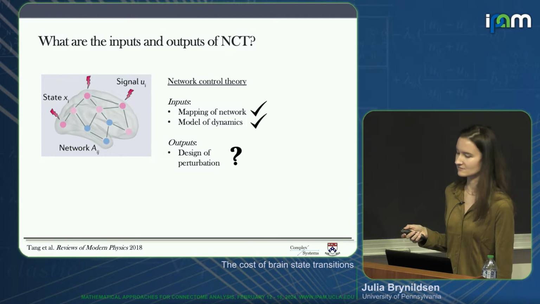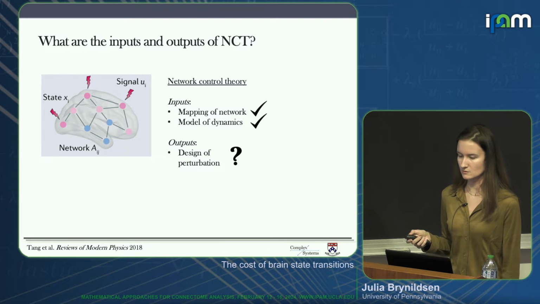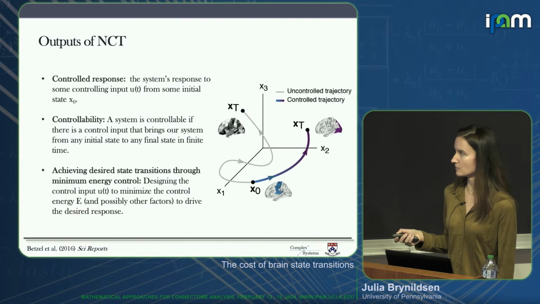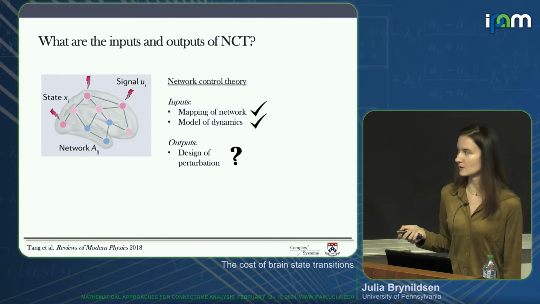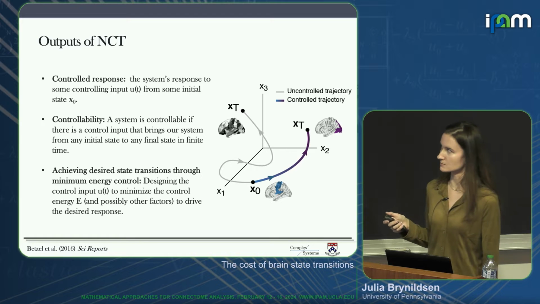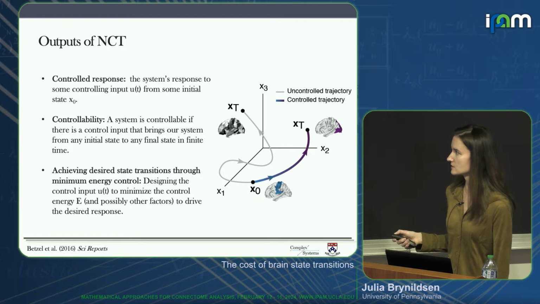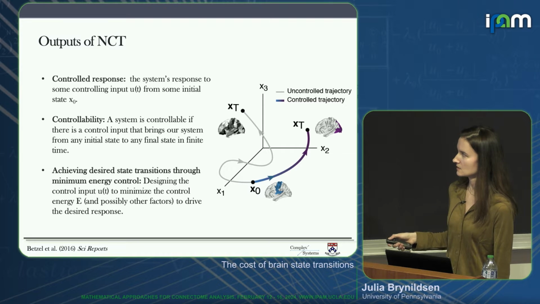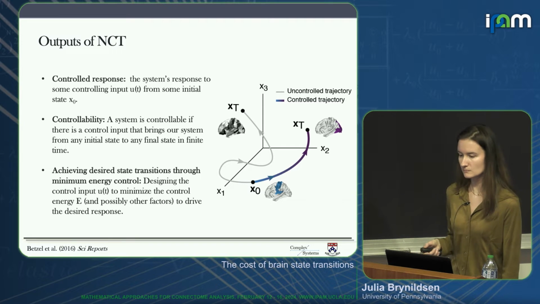Okay, so now that we have a map of the brain's connectome and a model of neural dynamics over time, what kind of outputs can we obtain from our control model? One would be the system's response to a control input that drives it along a controlled trajectory away from its natural trajectory.